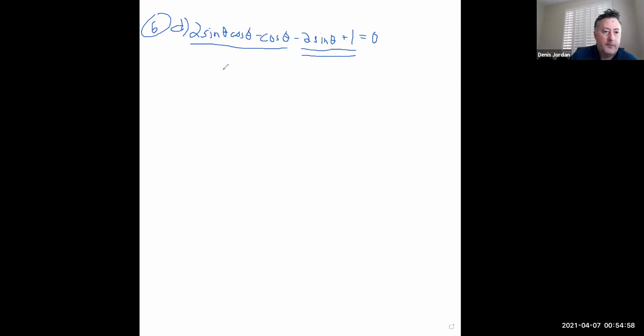So in the first 2 terms, we're going to pull out a cosine of theta. So 2 sine theta minus 1. And then the back 2 terms, all we're going to pull out is just a -1.